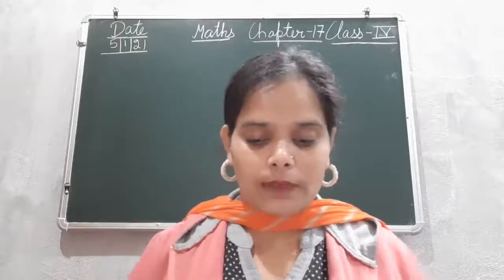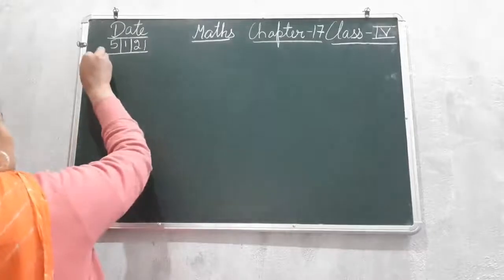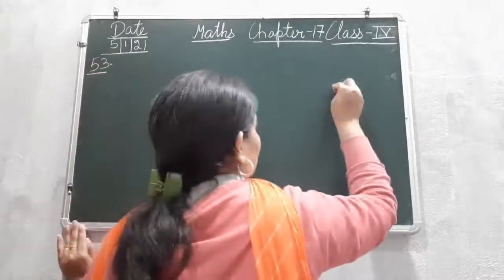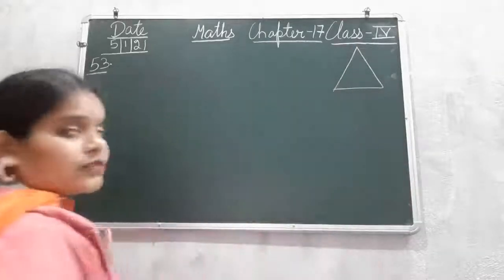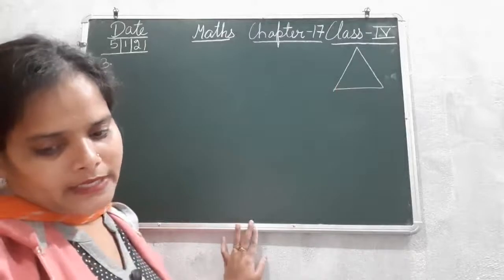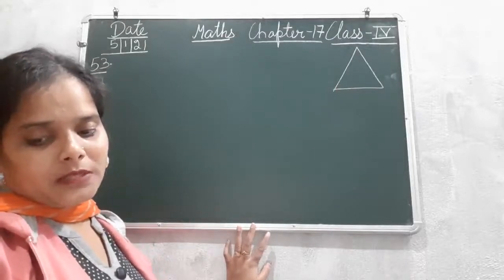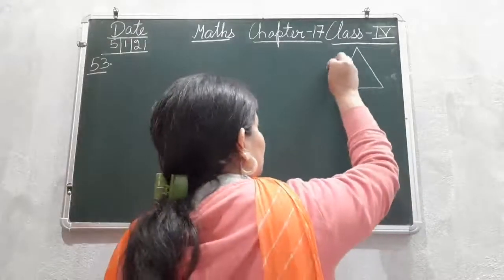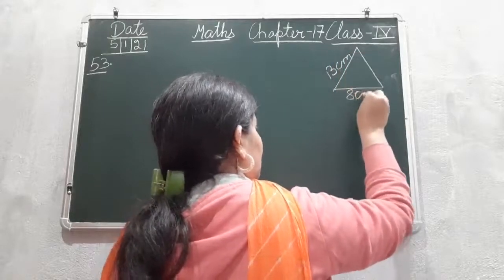Okay. So now I'm drawing a triangle here. Question number 53. Here it is a triangle. The triangle is here and its measurements are given: 13 centimeter, 8 centimeter and 12 centimeter.